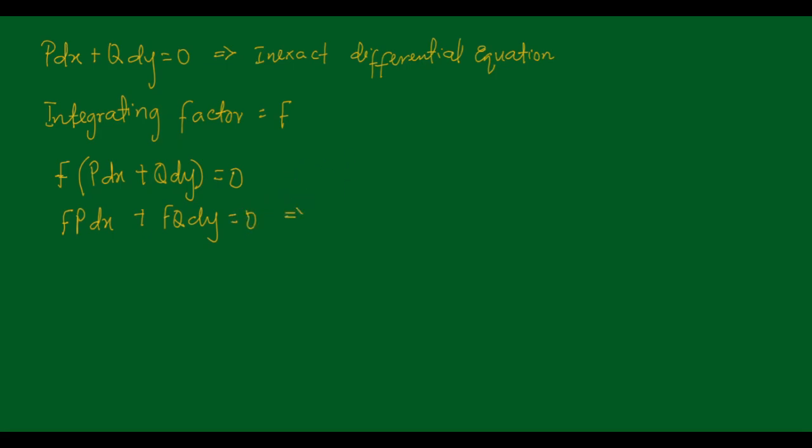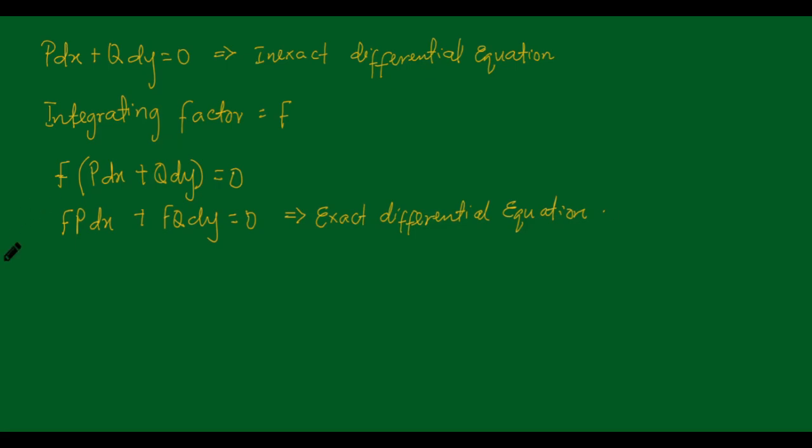So this is our exact differential equation because we've multiplied the original equation, which was p dx plus q dy, by our integrating factor f to give us this new equation fp dx plus fq dy is equal to 0.